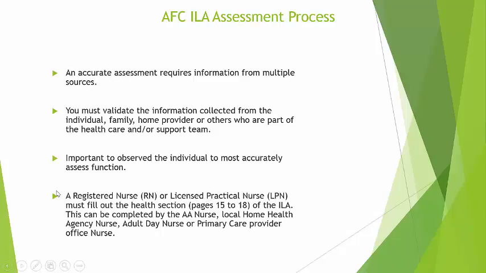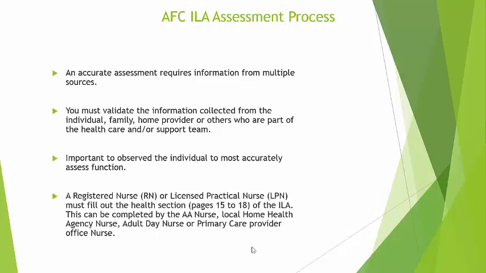And then again, just to reiterate that a registered nurse or LPN must fill out the health sections of the ILA, which are pages 15 to 18. So if your authorized agency has a nurse, it could be that nurse who completes it. It could be a local home health agency nurse, so I'd encourage you to reach out to the local home health agency in your area to ask them about completing the health sections of the ILA for Choices for Care participants.